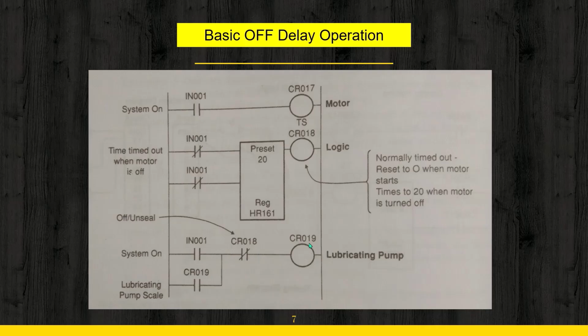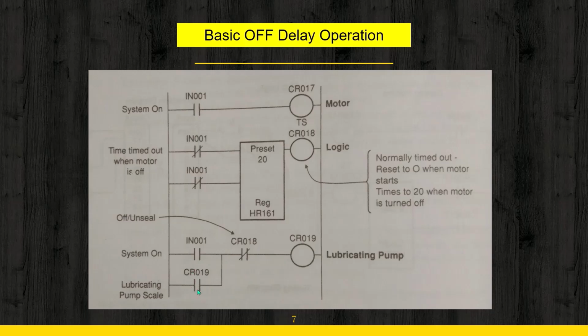And you can see also here that since we are using the same input switch for the motor and the lubricating pump, we need this latching contact also, because when this switch is kept off in order to put off the motor, the coil associated with the lubricating pump is already on, so the normally open contact will definitely remain on.